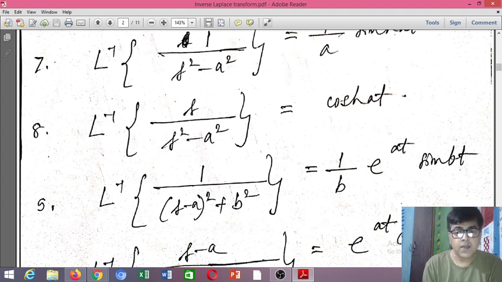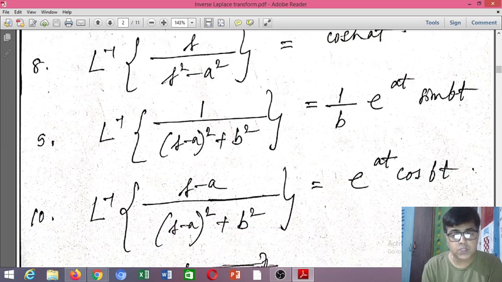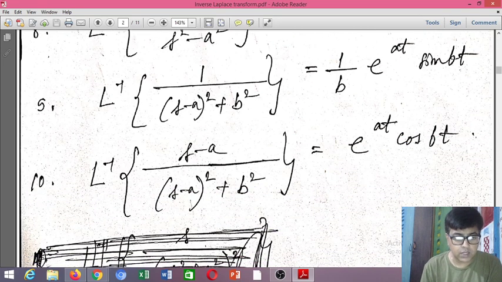Similarly, if you multiply cos bt by e to the power at, there will be a shift, and that is e to the power at into cos bt is the inverse Laplace transform of s minus a by s minus a whole square plus b square.